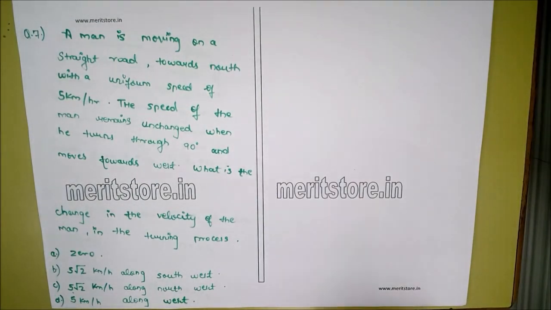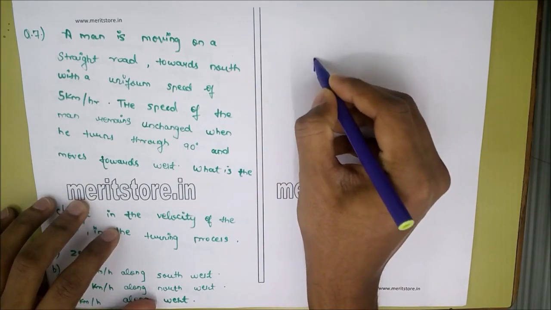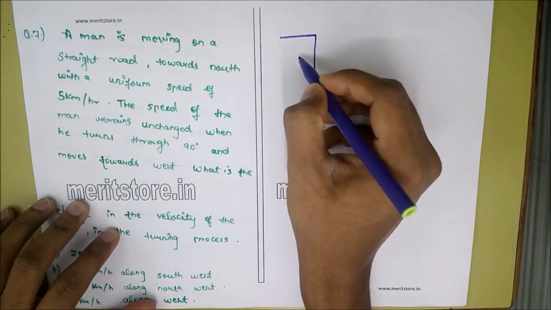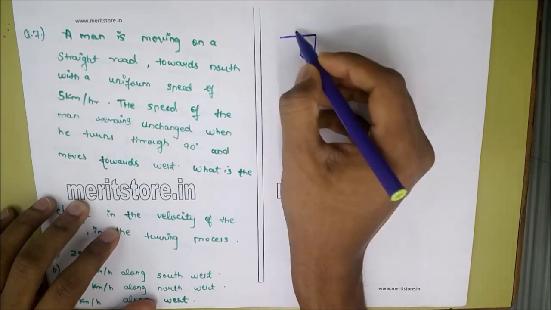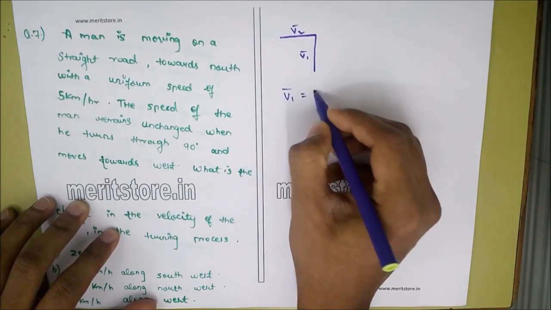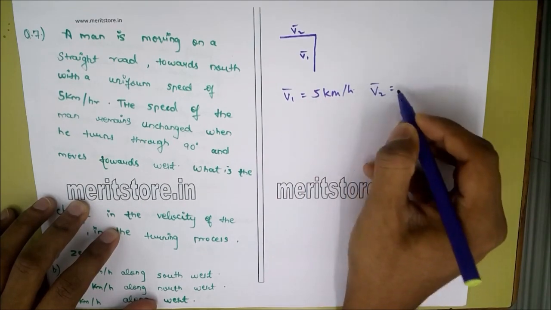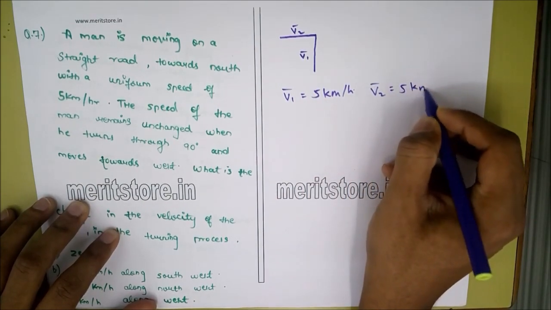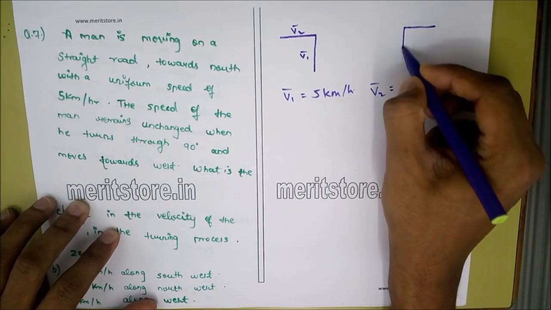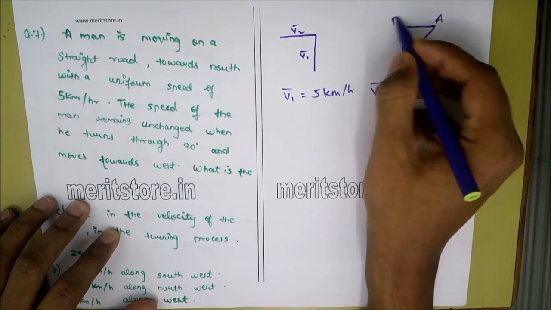Let us draw the vector diagram. Since the man moves towards the north initially and then moves towards the west, we have V1 bar and V2 bar. V1 bar is equal to 5 kilometers per hour and V2 bar is equal to 5 kilometers per hour itself. So let's just make a vector triangle.